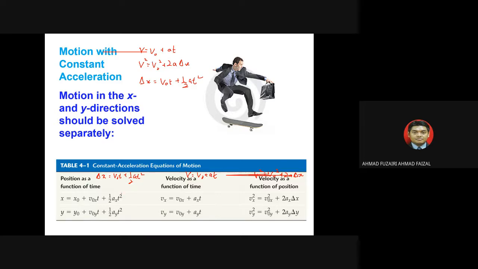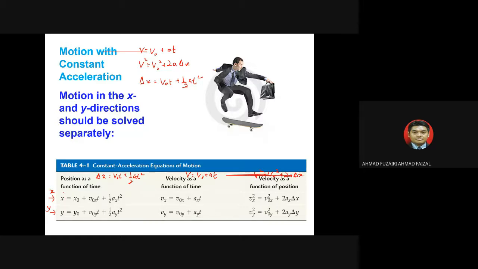Look at how they write it down. In the x direction, this is all x, and at the bottom is all y. Look at how they write it down. Everything has to be added with x.